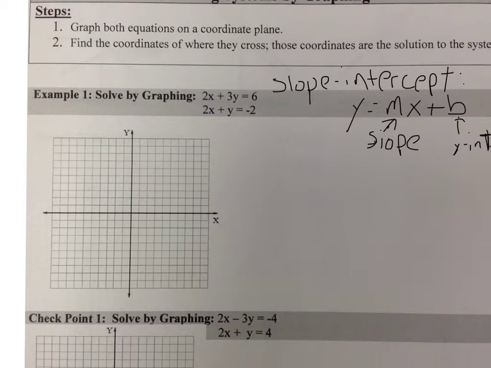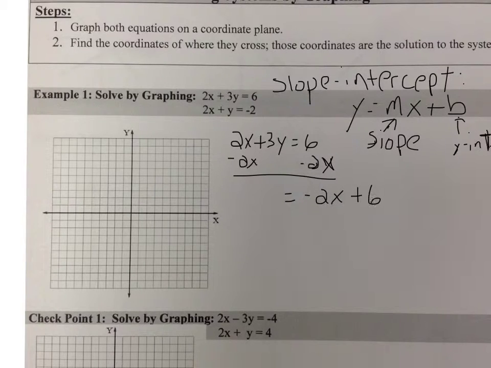So if we take 2x plus 3y equals 6 and we solve for y and put it in slope-intercept form, we subtract 2x. You can't really subtract 2x from 6, but we want the 2x in front because it goes mx plus b, and the 6 is the b part. So we want negative 2x plus 6, because 6 is positive, and that equals 3y.